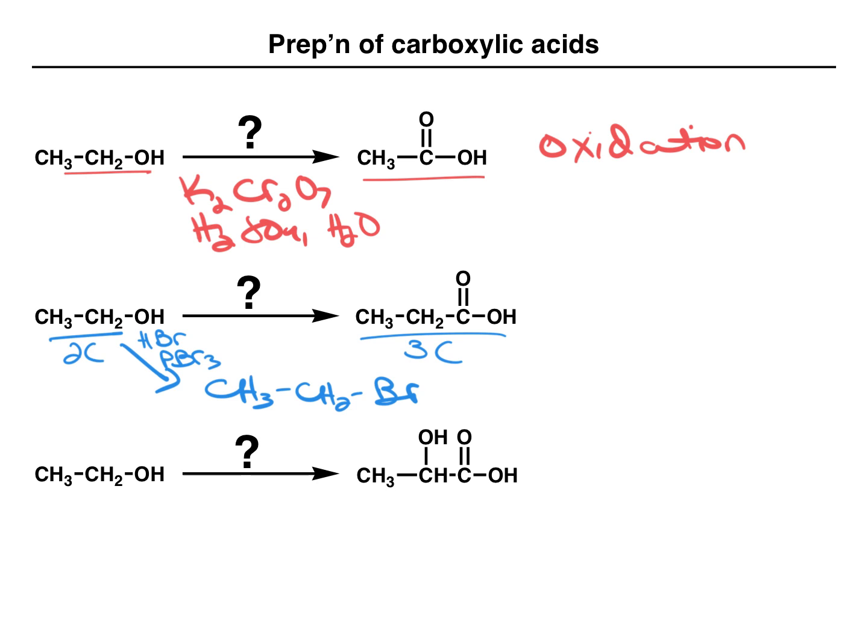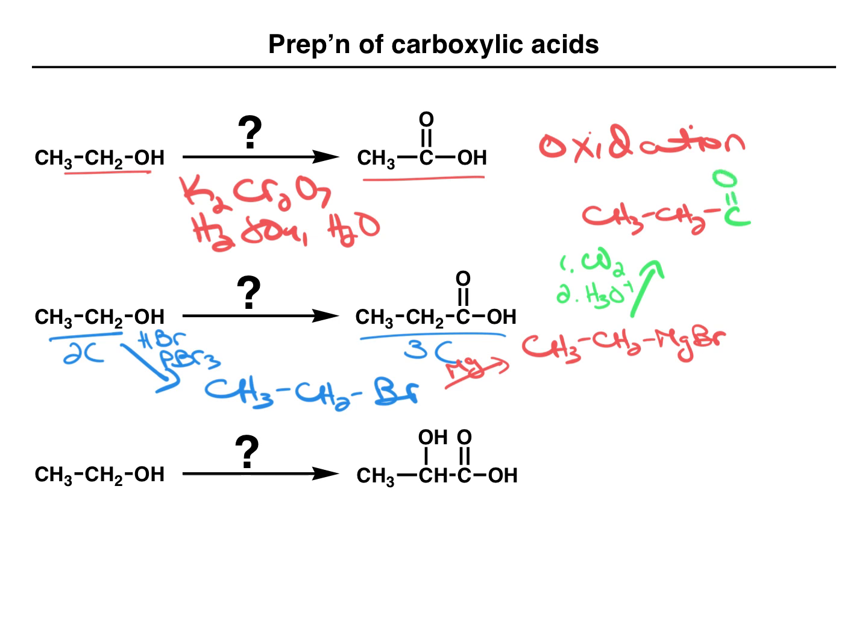Now, one possibility is we can treat this with magnesium to form the Grignard reagent. Now, this can be treated with carbon dioxide, followed by aqueous acid workup, and this will give us propanoic acid.